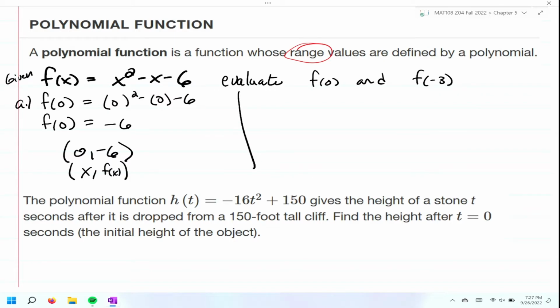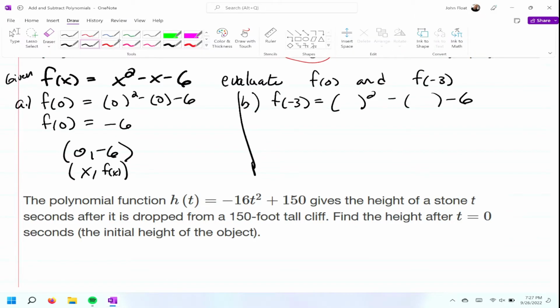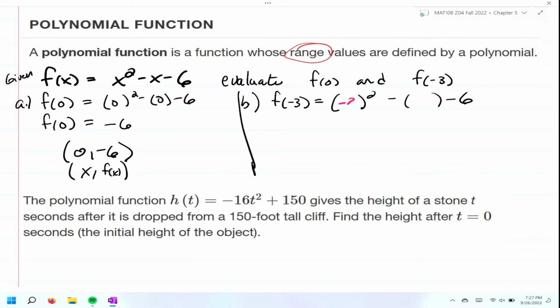Now, let's go ahead and do the second one. So f of negative 3. Remember, wherever we see the variable, we're going to put parentheses first. I'll use a different color right here. So we make our substitution, and then we simplify going from left to right.